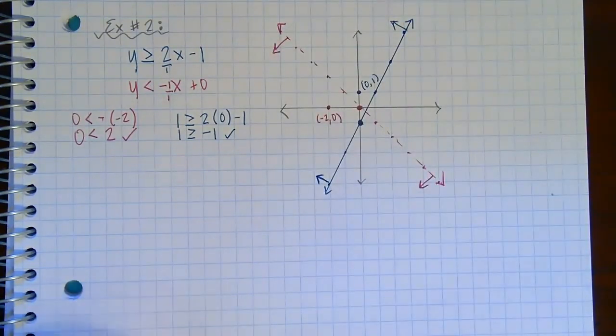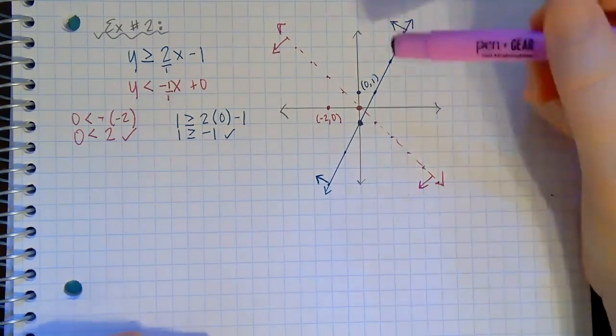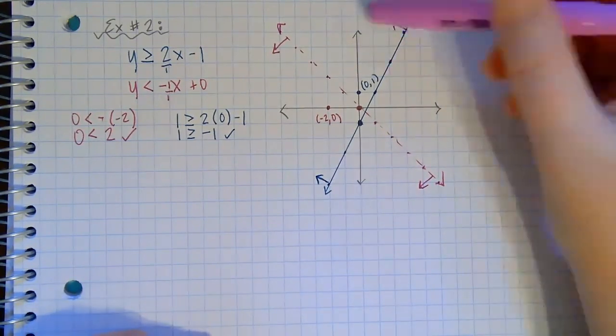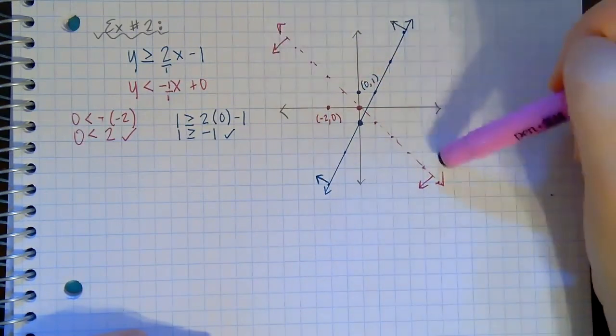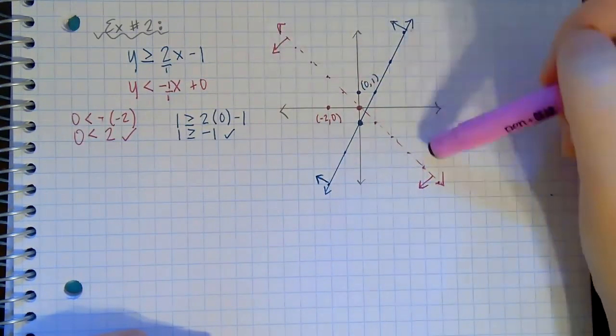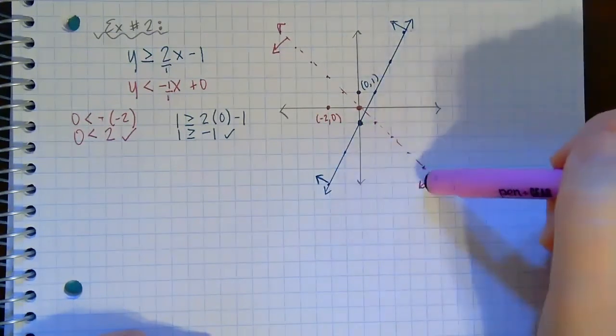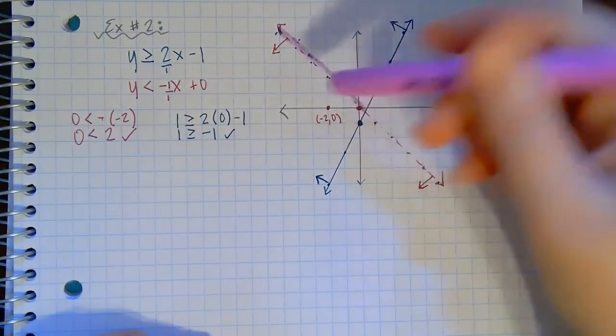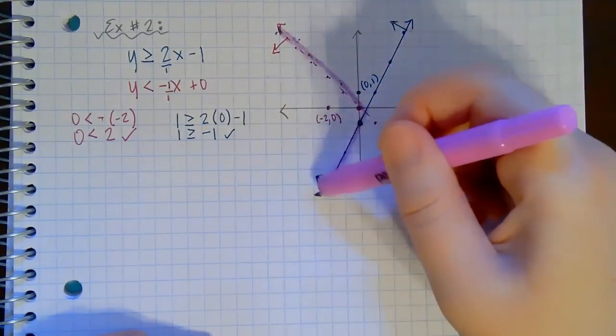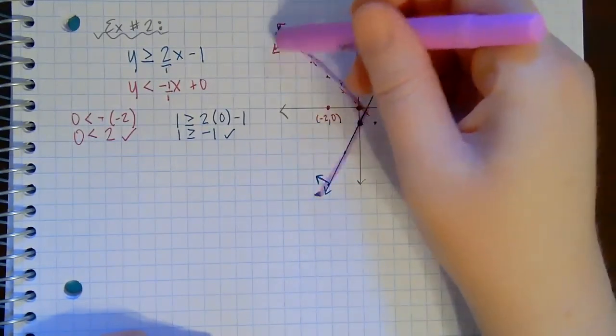And then what I can do is I can look for the place where they'd both be shaded. So right here, you can see that I'd shade on this side, but this one is shading down. So this is not it. Over here, neither one of the arrows are pointing in, so it's not this one. This one, only one arrow is pointing into it. But see how this region right here, see how it's the arrow's pointing in here and the arrow's pointing in here?